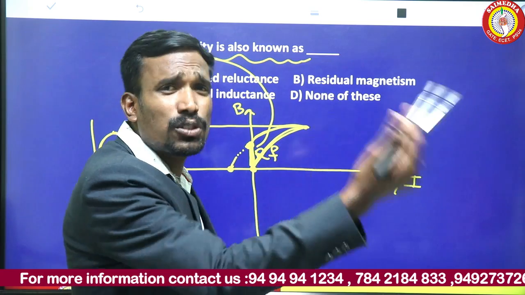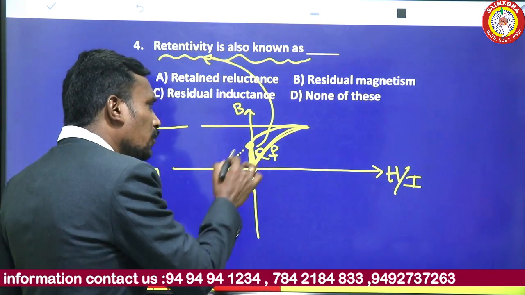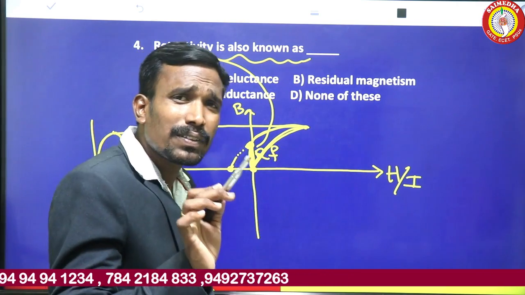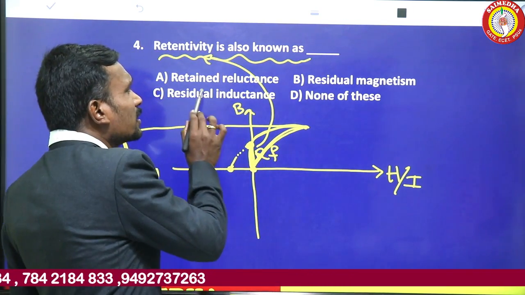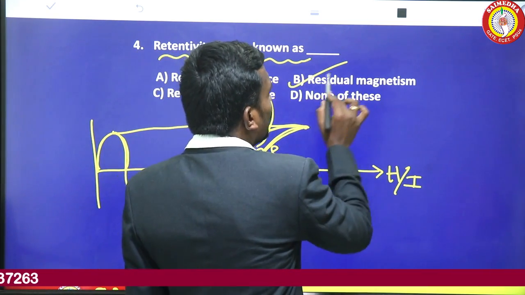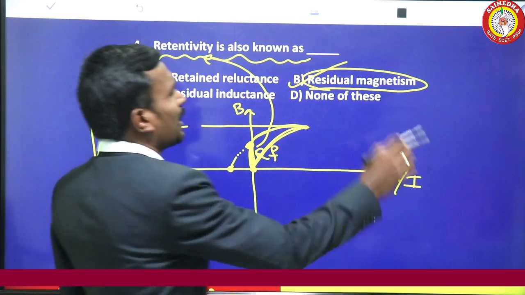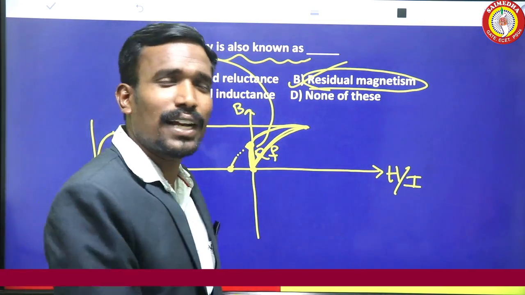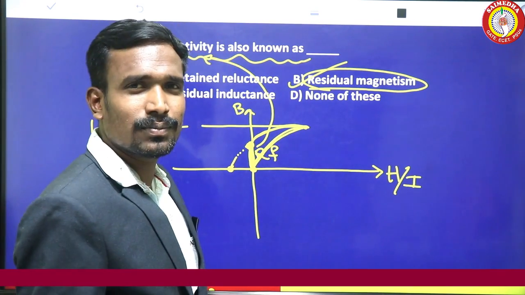So this is also not supposed to go to 0. This is what is called RF, residual flux or residual magnetism. Retentivity is also called residual flux or residual magnetism.